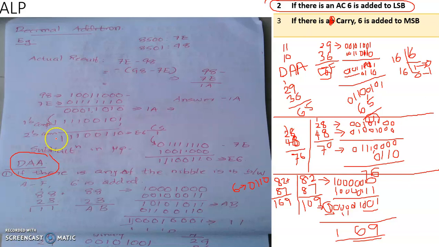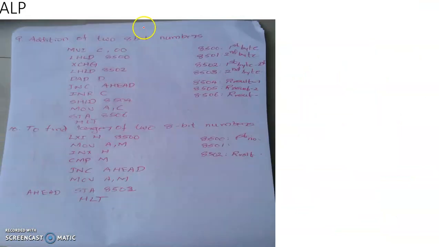Now we consider addition of two 16-bit numbers. Suppose we have the first number stored in the memory locations with address 8500 and 8501, because it's a 16-bit number, so there will be a total of 2 different bytes.